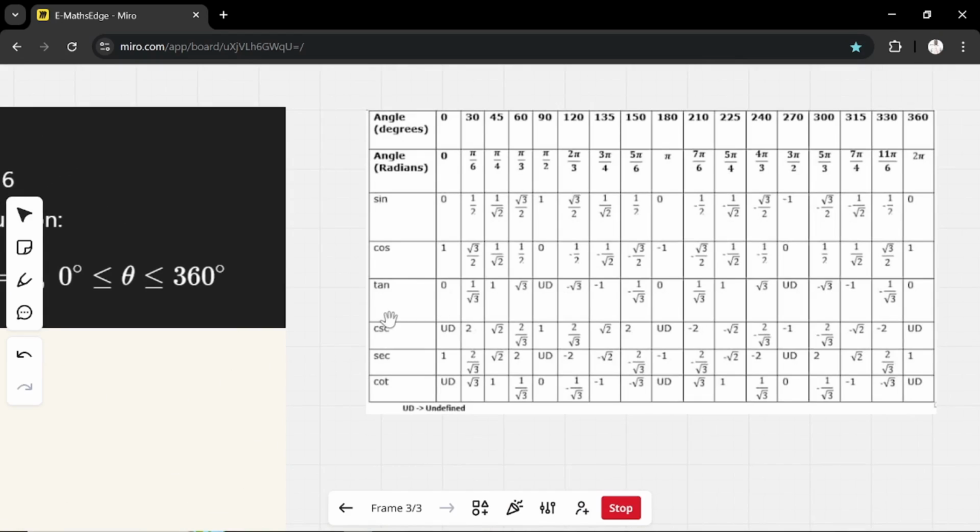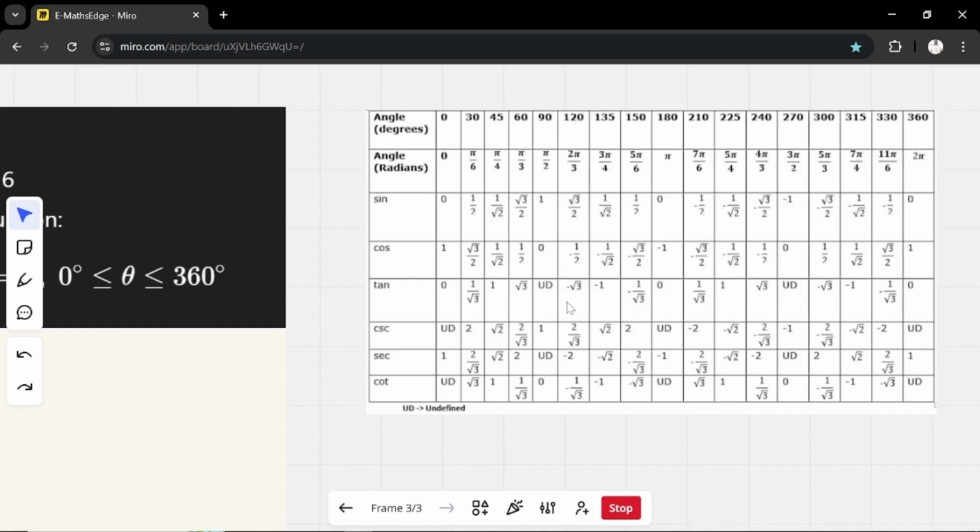Tan θ, where is tan θ negative 1 all over root 3? Let's check. Negative 1 all over root 3 is at 150 degrees, as you can see, and also at 330 degrees, right? 330 degrees. So now let's go back.